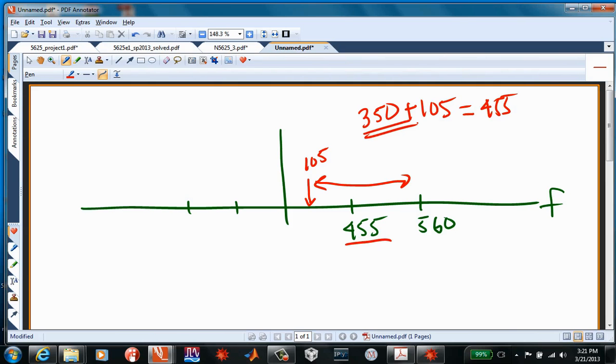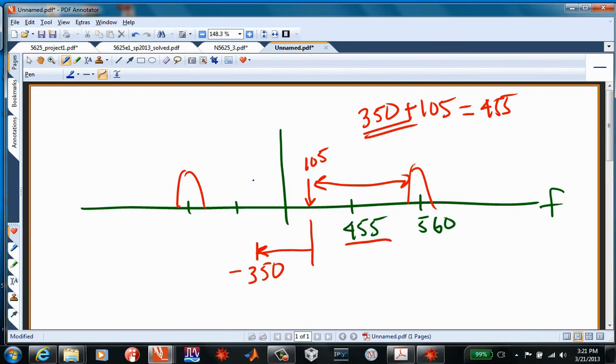But the other way of looking at it would be that according to the rules, you'd have to go 455 below this 105, and that's going to put you at minus 350. But what I'm saying is, because it's a real signal, we know there's its negative spectrum.